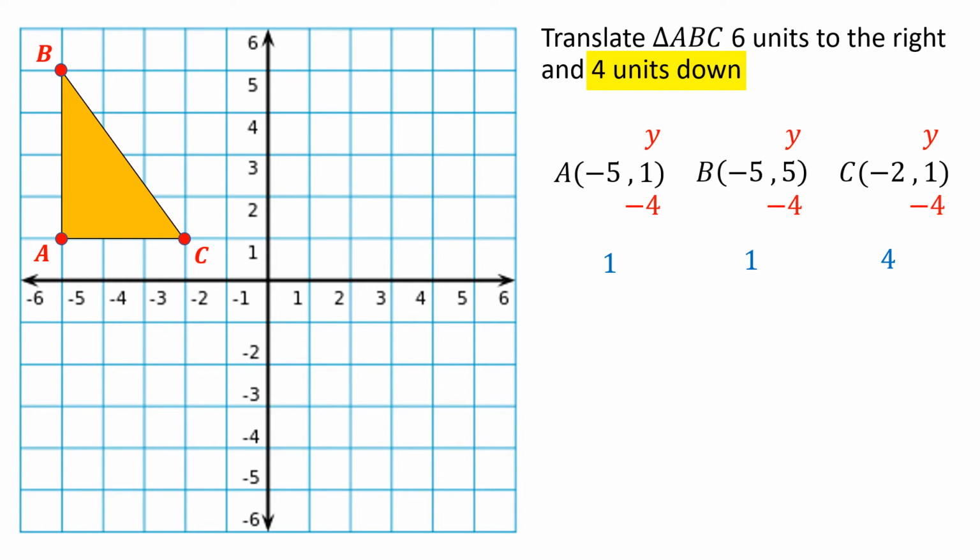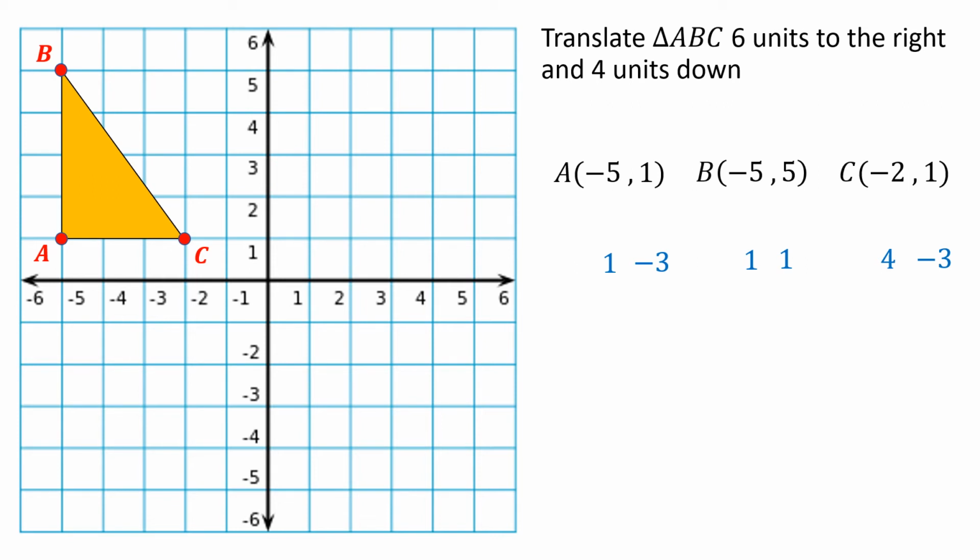Okay, so 1 minus 4 is -3. 5 minus 4 is 1. 1 minus 4 is -3.